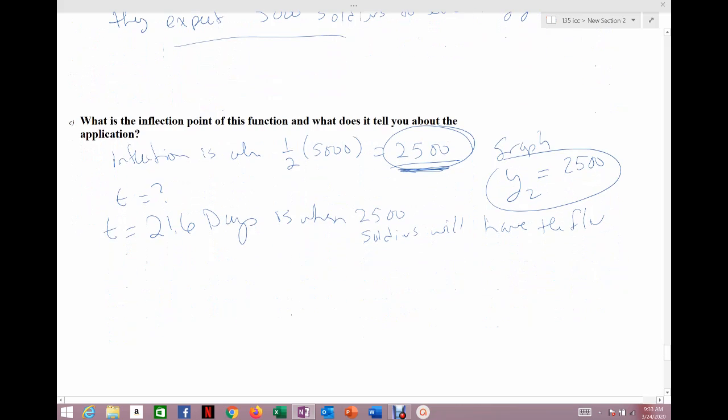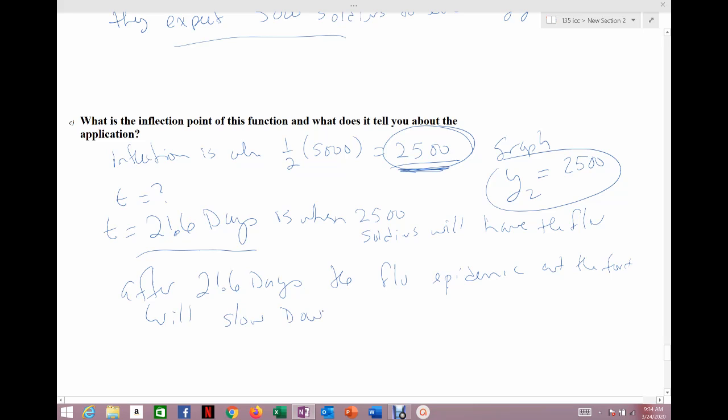So again, why is the inflection point important? Well, this is when it's going to slow down. So after 21.6 days, the flu epidemic at the fort will slow down.